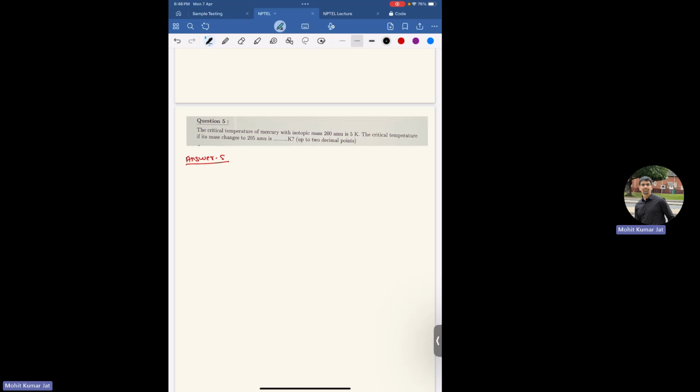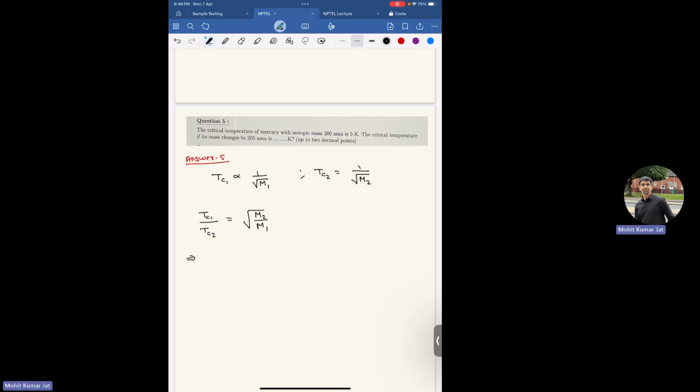So we know that critical temperature Tc goes as 1 by root m. So Tc1 will go as 1 by root m1, Tc2 will go as 1 by root m2. So Tc1 by Tc2 is equals to root m2 over m1.